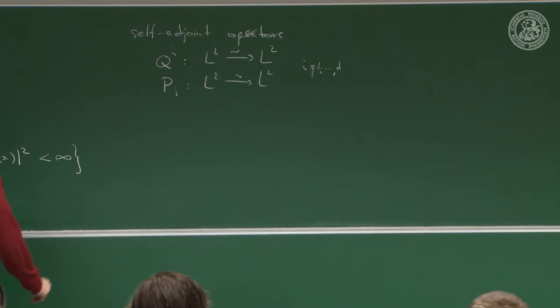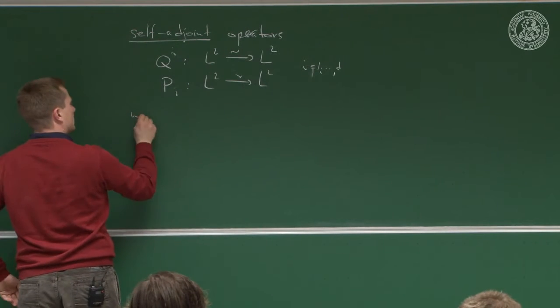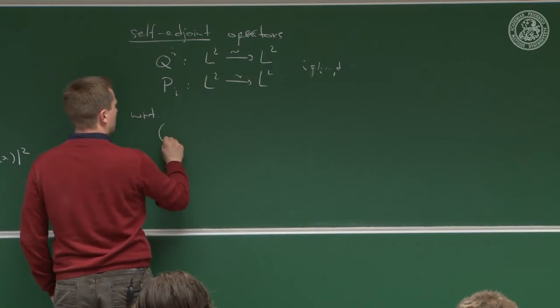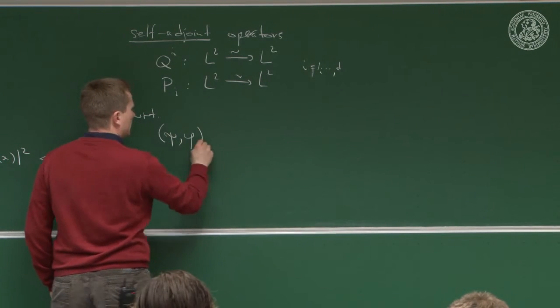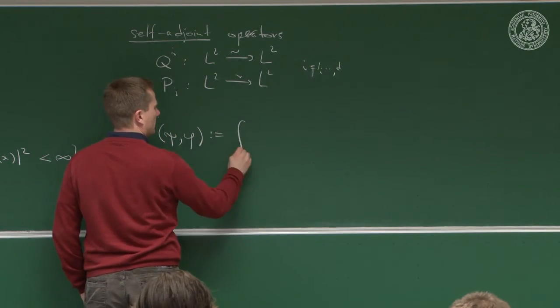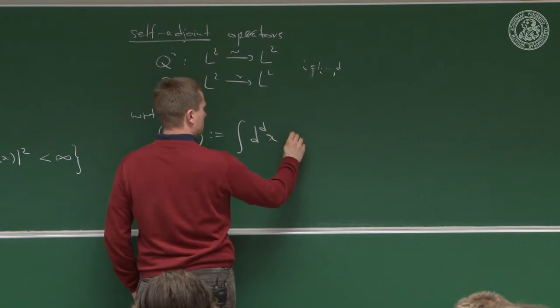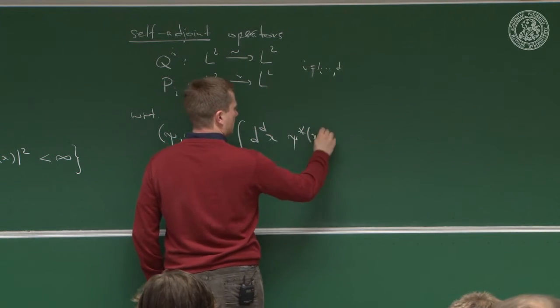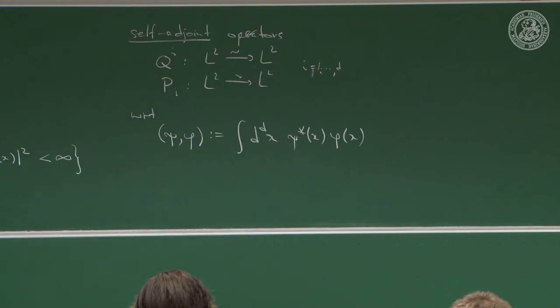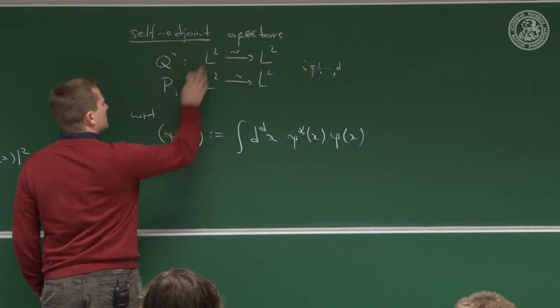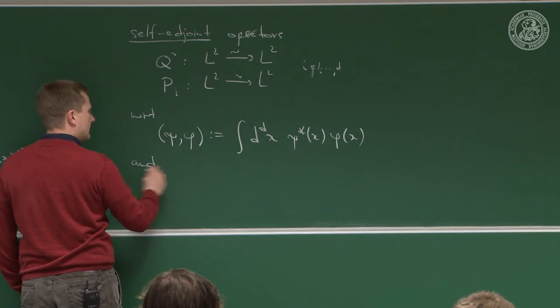And they're supposed to be self-adjoint with respect to an inner product, phi comma psi, the integral dx psi star of x phi of x.